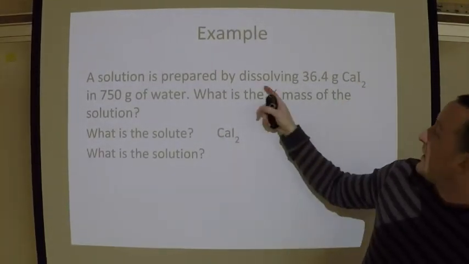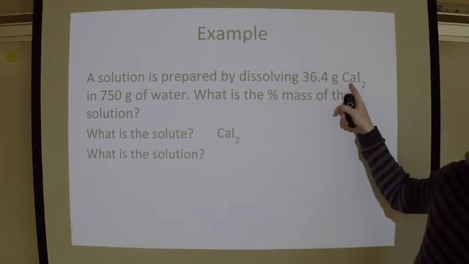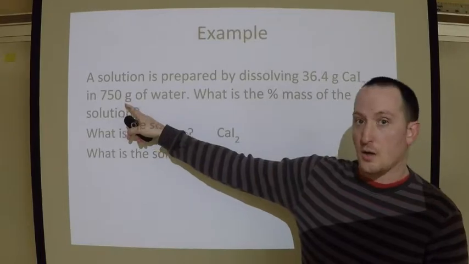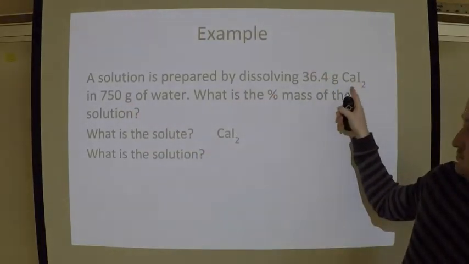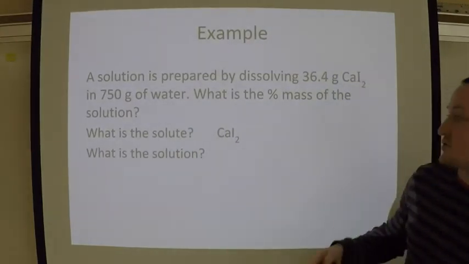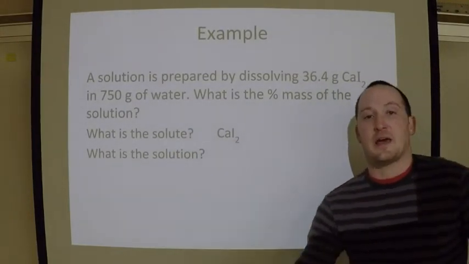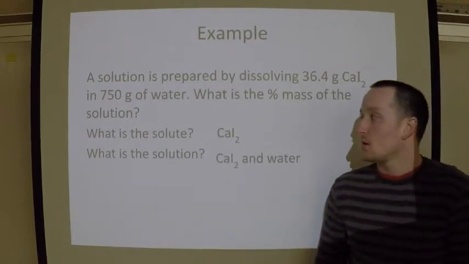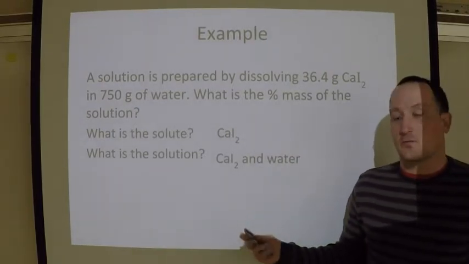So this is my solute, the CaI2, and the water is my solvent. So my solution is my calcium iodide and my water. So I need to find what their masses are.